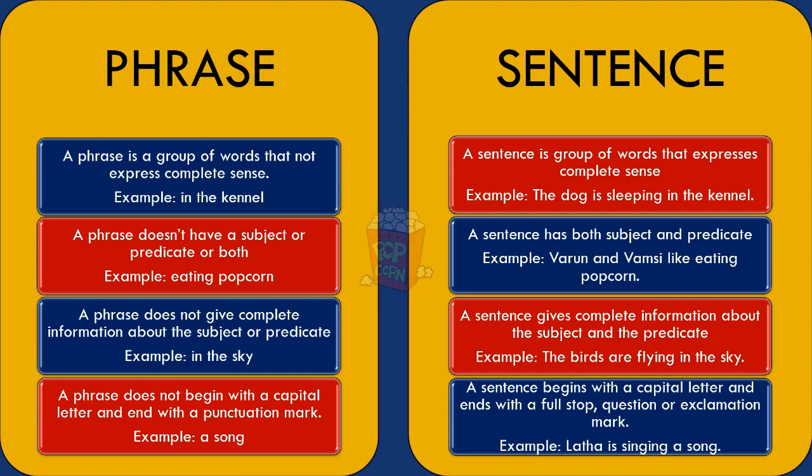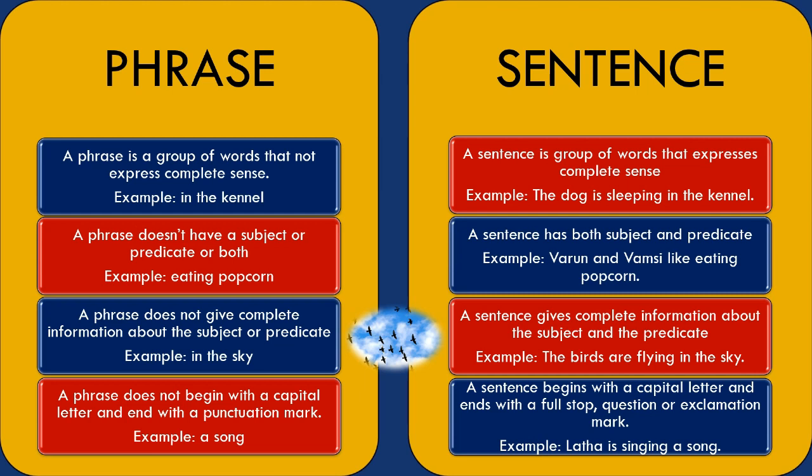In the sky. There is no complete information, isn't it? He just said in the sky. Now if I say the birds are flying in the sky, yes, you have complete information about what is happening in the sky. What is happening?